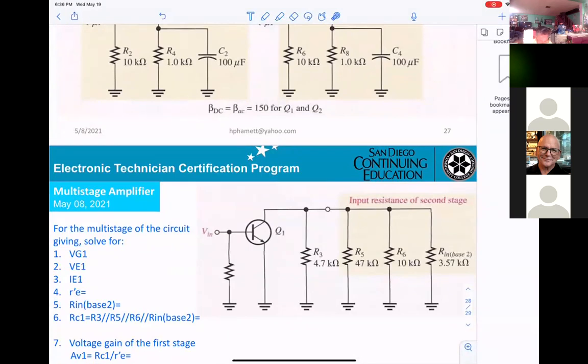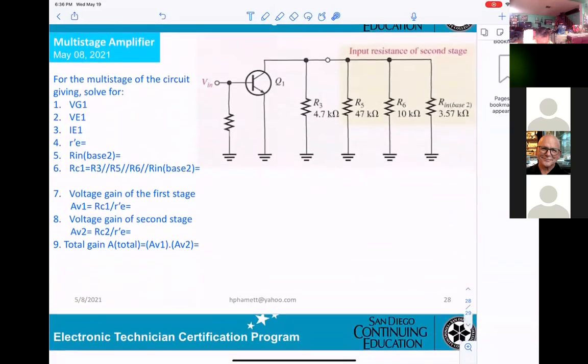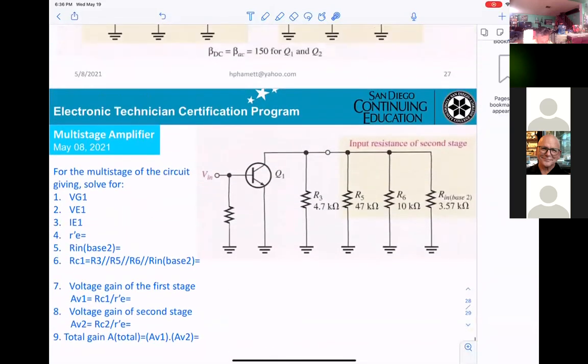Let's see. R in B2 they calculate equal to 3.57 kilo ohms. Where did that come from? I remember I already did it somewhere.